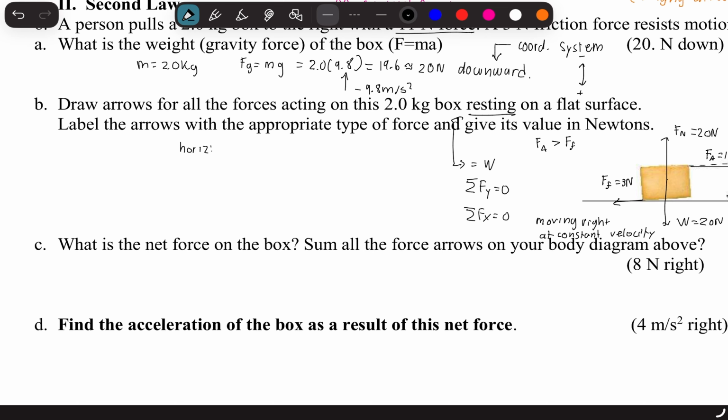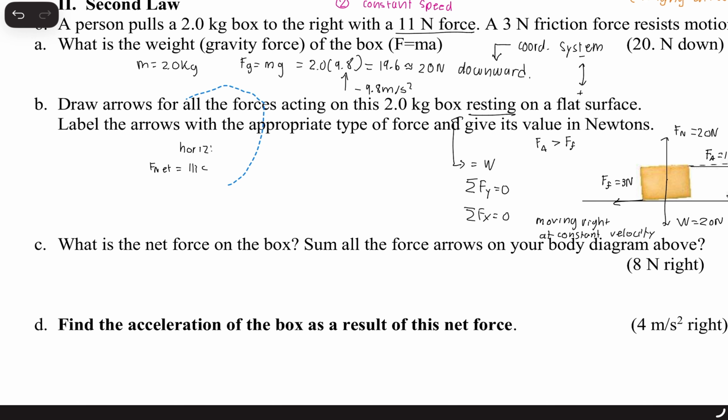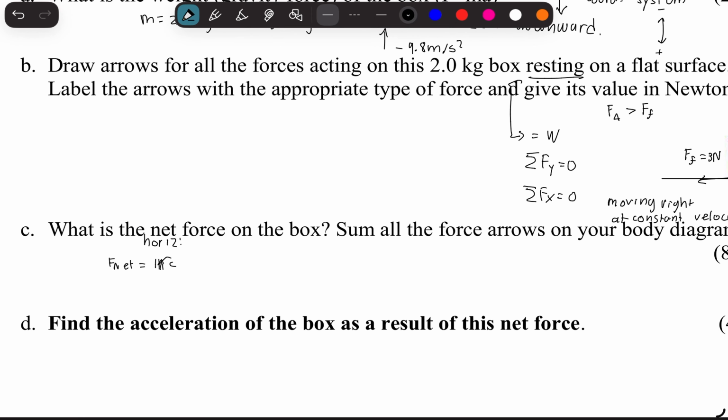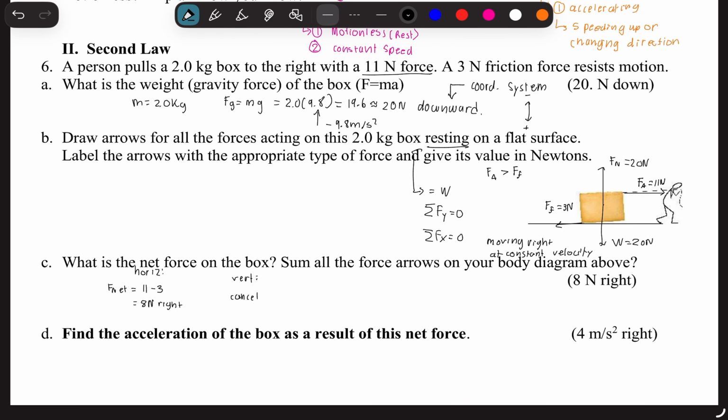So in our horizontal direction, we have that F net is equal to 11 minus 3, and that's equal to 8 newtons right. Our vertical forces cancel, because the upward force is equal to the downward force.